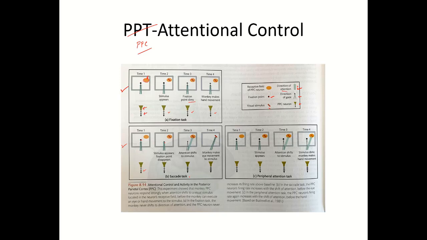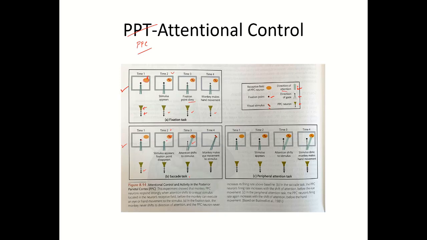Then the monkey, in this case, at time 2, same as this one, right? A target appeared inside the receptive field, and now in this task the monkey has to pay attention, okay, to that target that appeared. So you see the attention shown by this one, so that has been moved towards the target, okay.